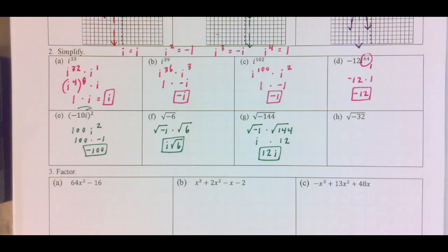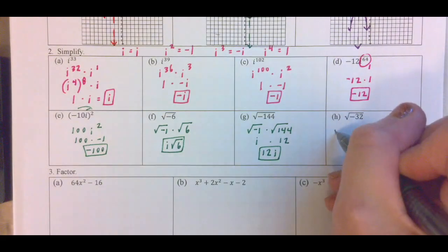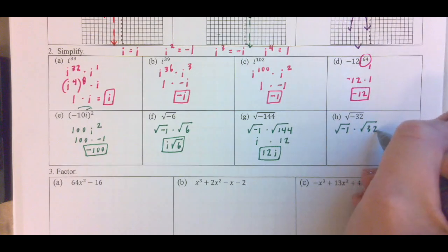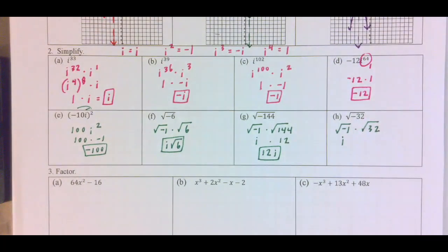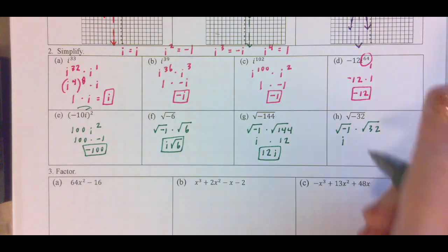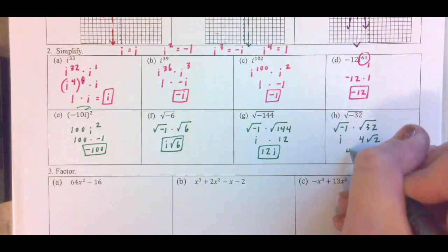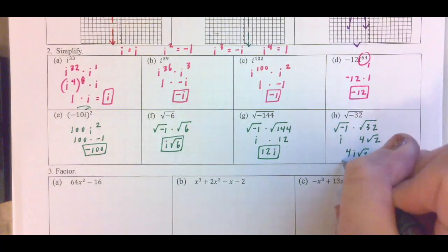Okay, square root of negative 32. Again, I'm picturing square root of negative 1 times square root of 32. Right, I'm pulling out the i. And then 32, well, that's 16 times 2, so 4 root 2. And in structure, we write that as 4i root 2.